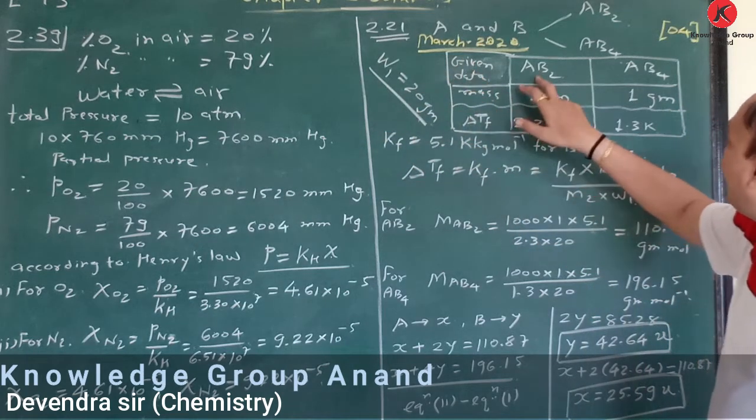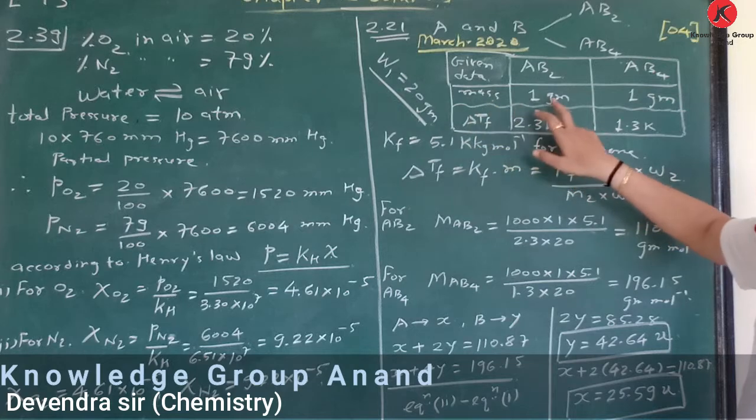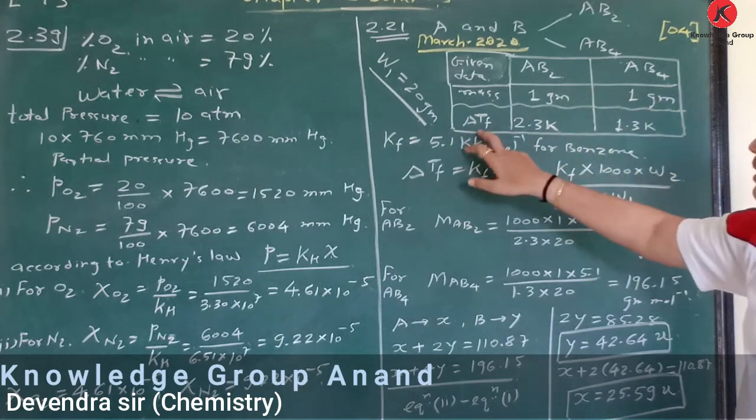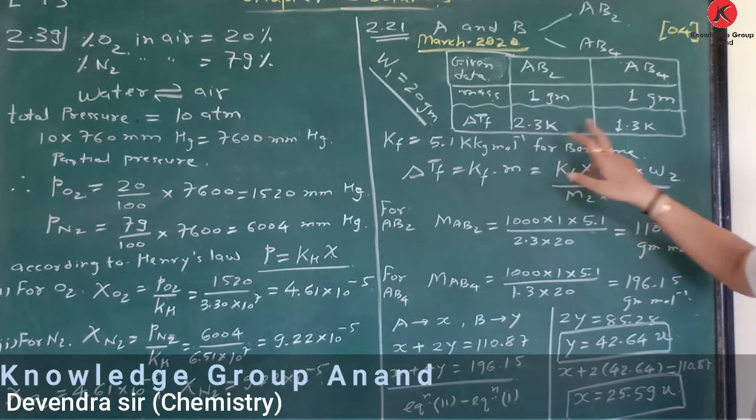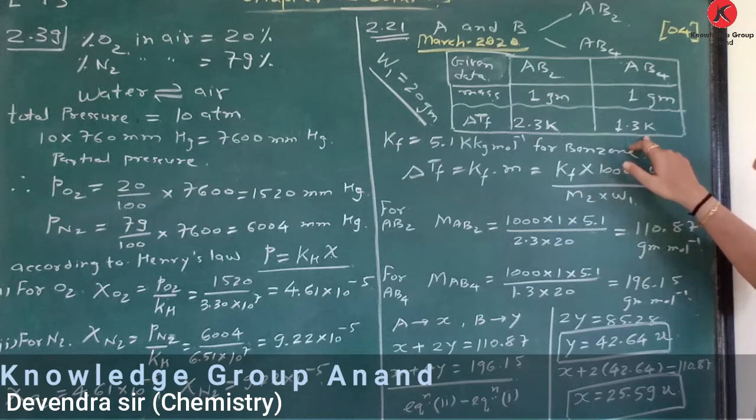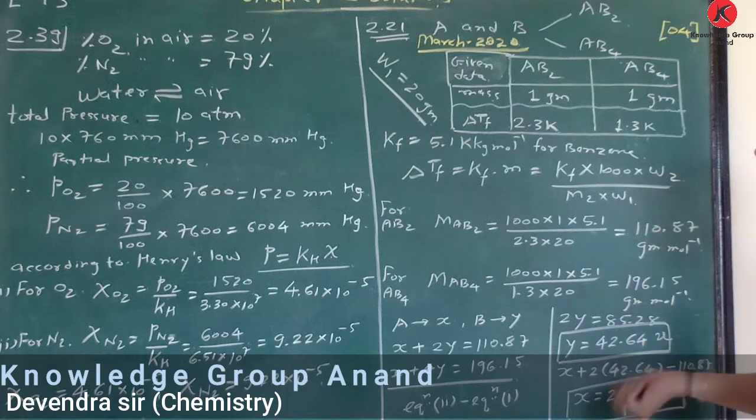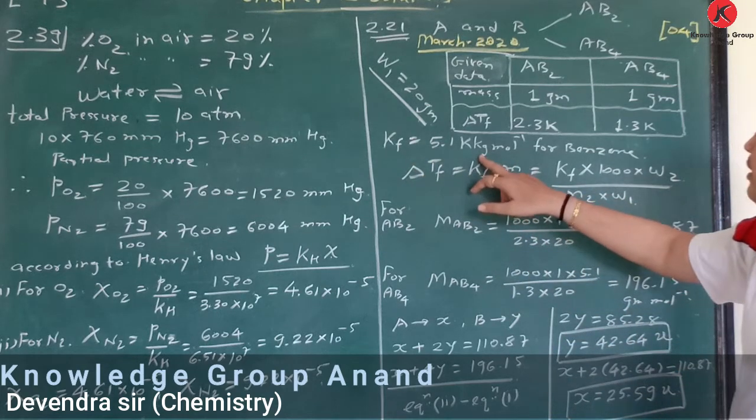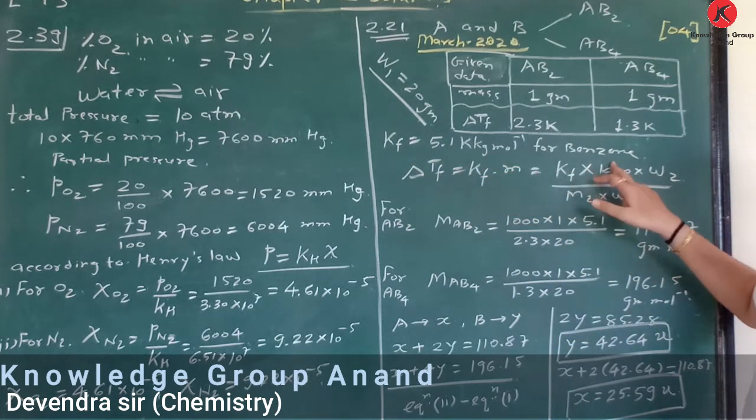Given data for AB2 and AB4: mass is 1 gram, so here also 1 gram. Delta Tf 2.3 Kelvin, here 1.3 Kelvin is there. That means 1 Kelvin increases. Kf value is given as 5.1 Kelvin kilogram per mole for benzene.